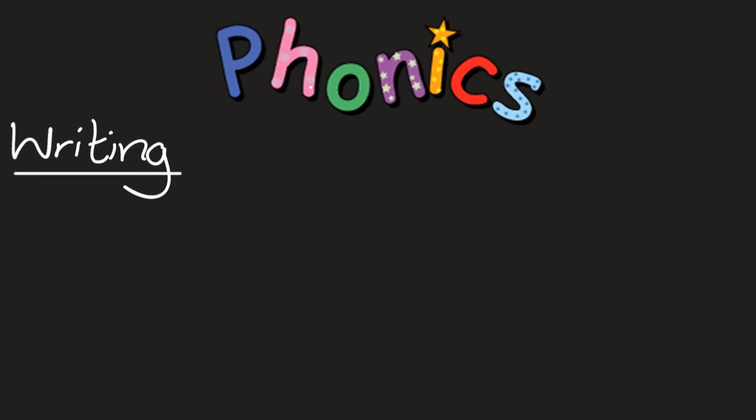At any point, if you want to hit pause just to have a little bit more time to write, that's absolutely fine. Last thing to remember, is a capital letter at the beginning, finger spaces between your words, and a full stop at the end.